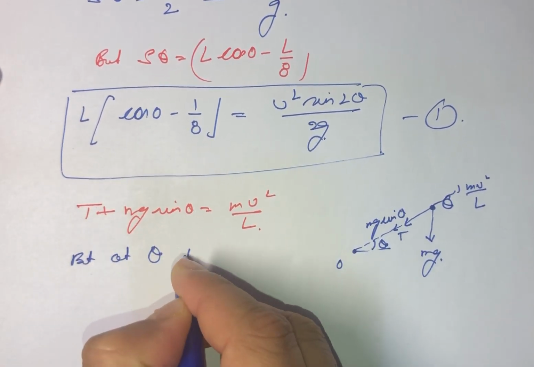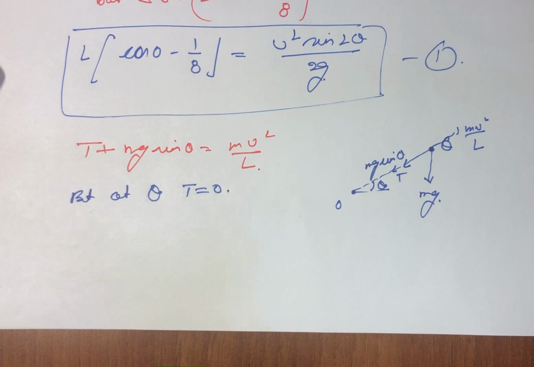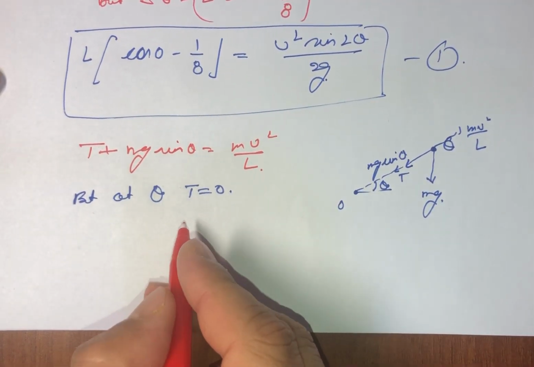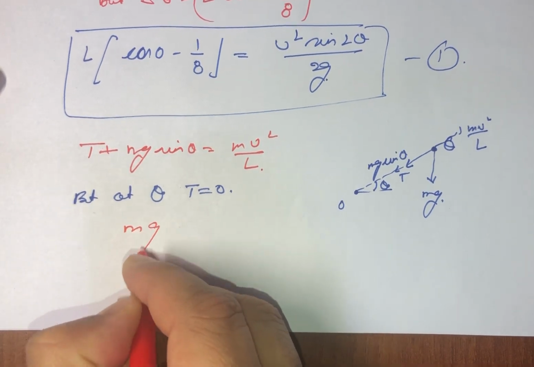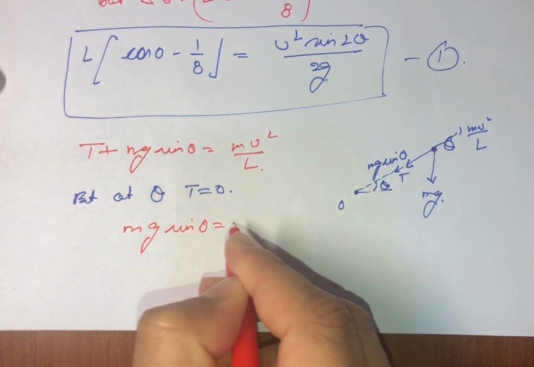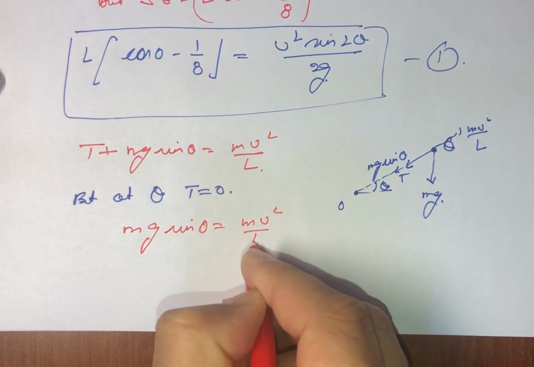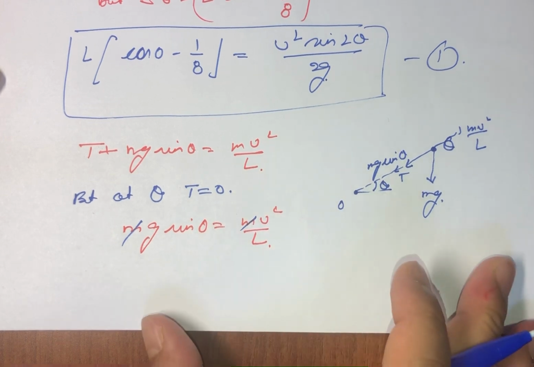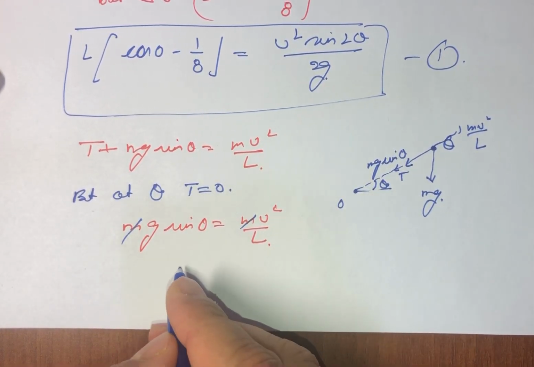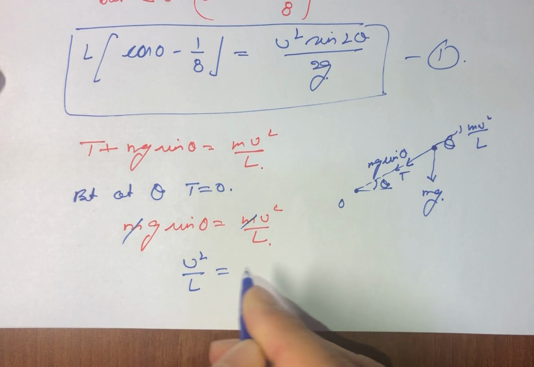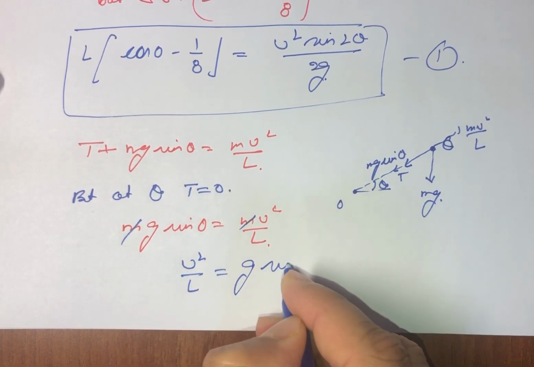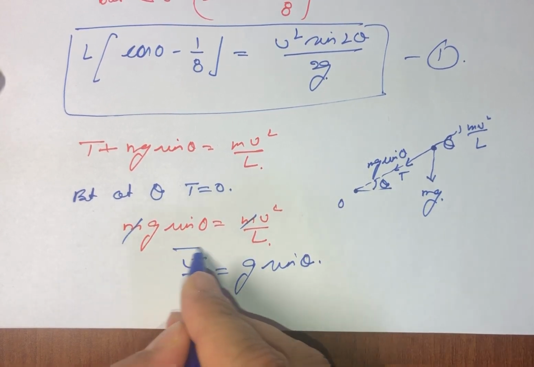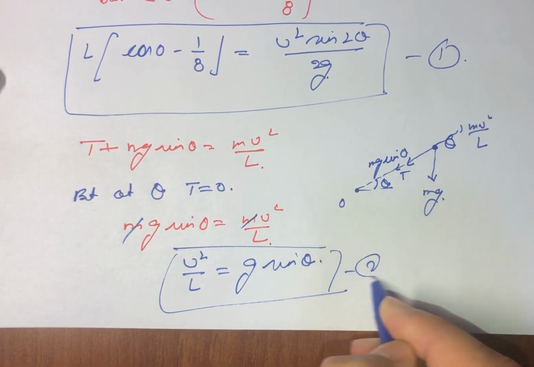So putting this, we get mg sine of theta is equal to mv square upon L. Here m and m cancel out, so we can say v square by L is equal to g sine of theta. Let us call this equation number 2.